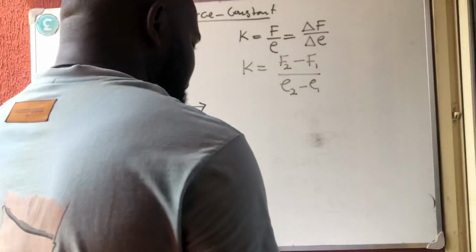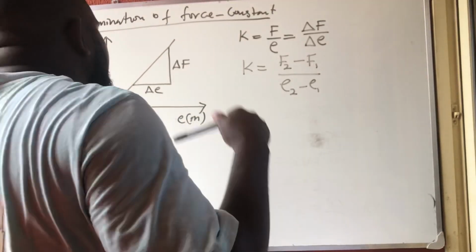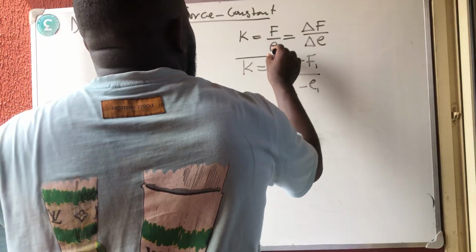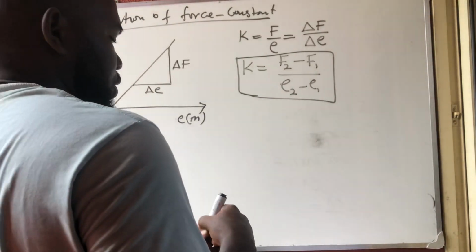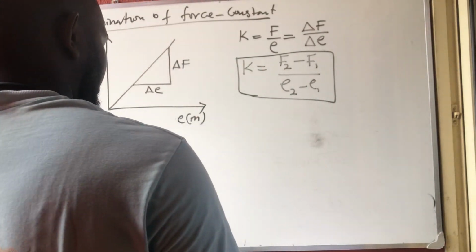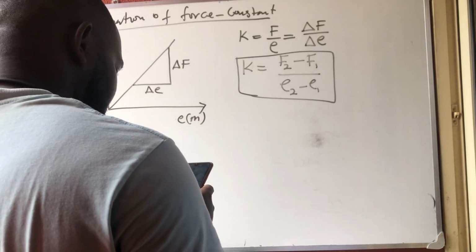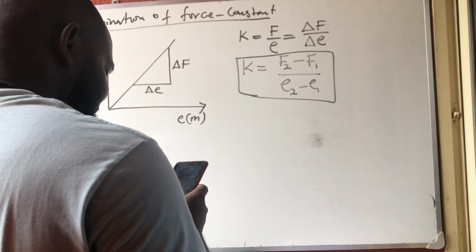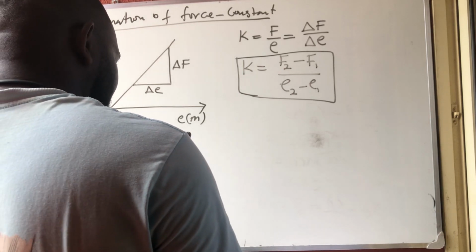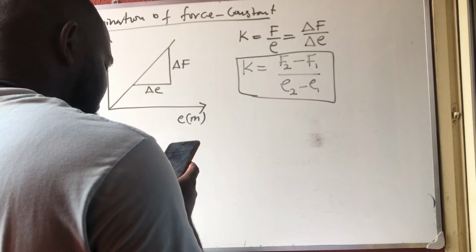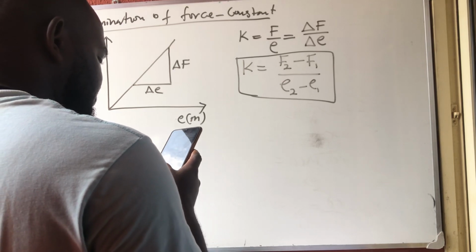Very, very important formula. Force constant is equal to F2 minus F1 all over E2 minus E1.